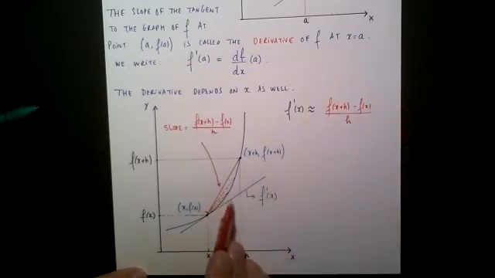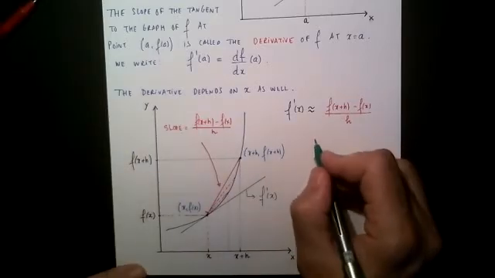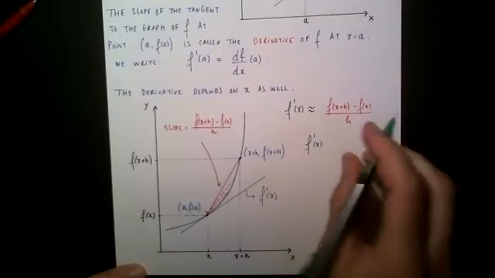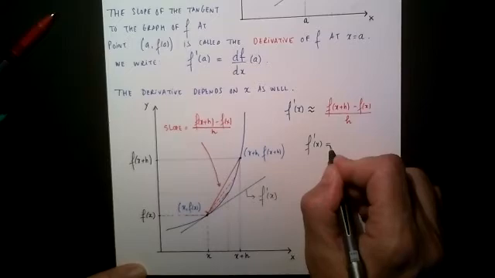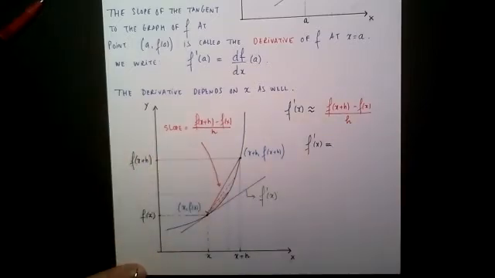We're still off, right? But we notice that the smaller the h, the closer the red slope is equal to the green slope. So what am I going to do to make it exactly equal? What do you suggest? If I don't want an approximation here anymore, I want exactly. What do I do?